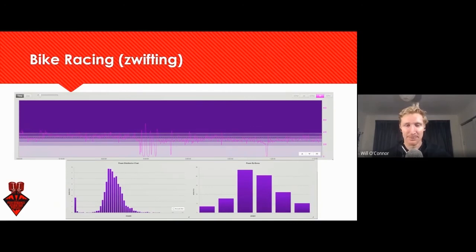But you can see here, zones have been able to show us what kind of intensity I was riding at different points within the race. And then we can have a look at time in zones, and some of the distribution curve. So that's where zones are really valuable after the fact.